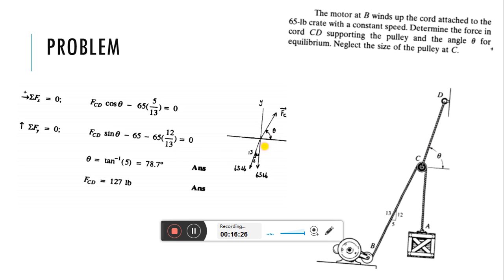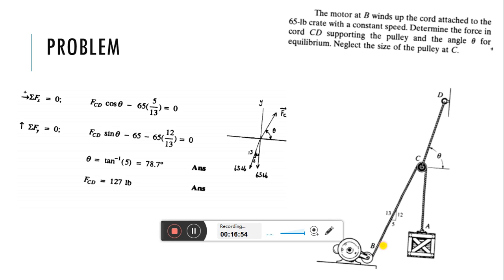And on the other side we have two forces. One is right here in the downward direction, vertically down, so negative y direction, that is 65 pound, which is known to us. And the other force, which is acting in the direction of CB, is how much? That is also 65 pound.